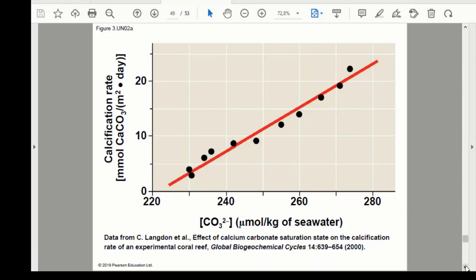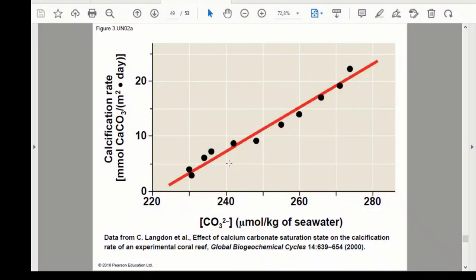for the coral reef, which is just a marine animal. This calcification rate is measured in micromoles per kilogram of seawater. This is the measure of rate, but you don't need to worry about that.